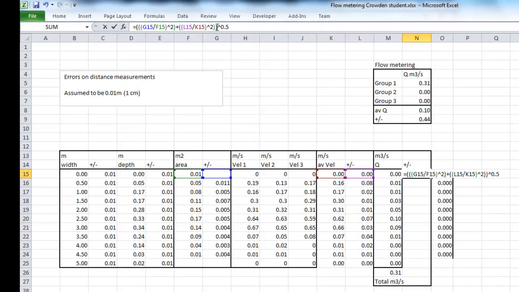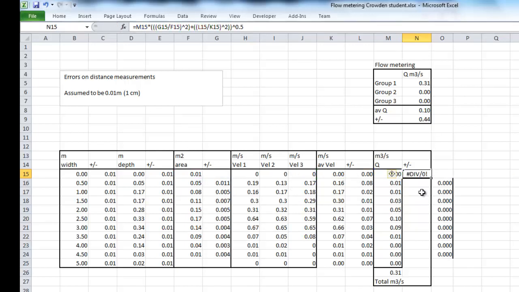So that's very much as you'd do if you were just adding two errors together. That's the fractional error. We need to multiply the fractional error by the resultant quantity. The resultant quantity is the discharge itself. So that's the discharge multiplied by this, which is the fractional error.